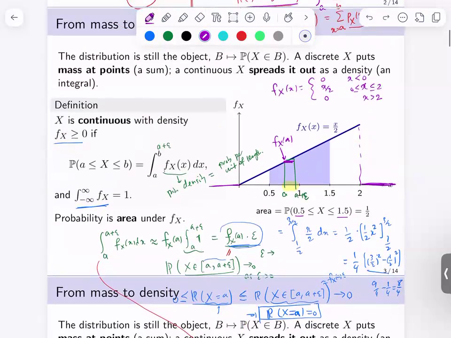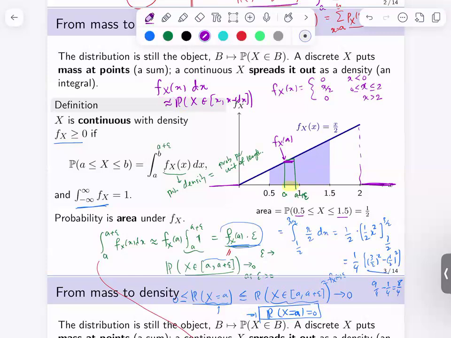Another way of saying this is that f_X dx is roughly the probability that x belongs to x and x plus dx. This is easy to remember. When you integrate over x, this gives you a macroscopic probability.